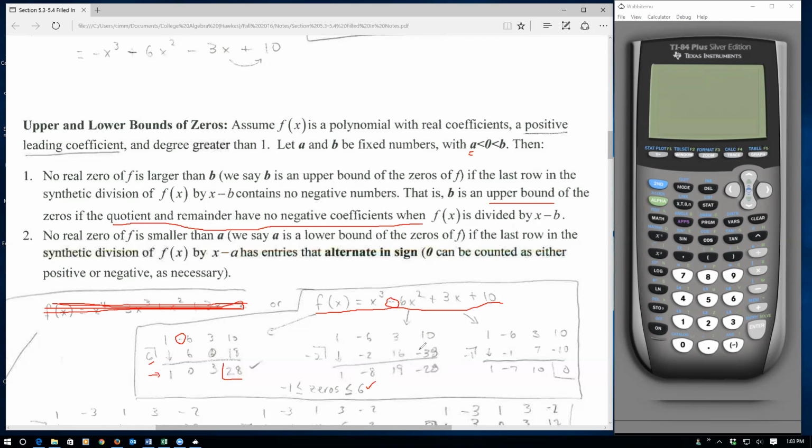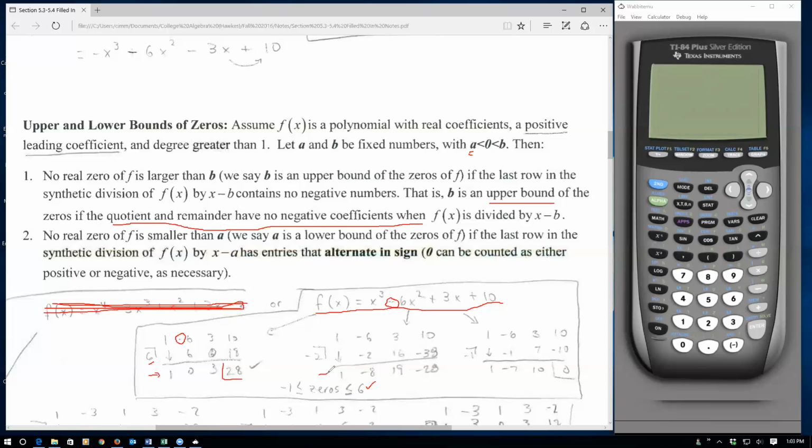That's what I'm looking for. So I'm starting with -2. I bring down 1, multiply -2 times 1, that's -2, add and I get -8. Multiply and I get 16, add and I get 19. Multiply and I get -38, and add and I get -28.